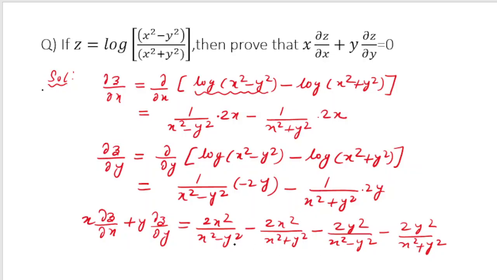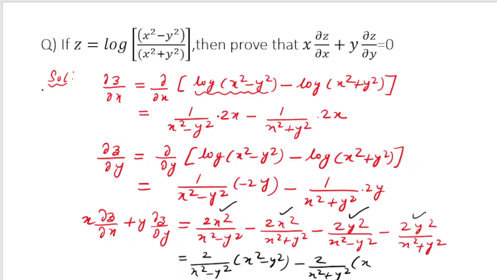You can see that we have the term here x square minus y square, and we have the term here x square minus y square. So from this I can take 2 by x square minus y square common. So in the bracket I will be left with x square minus y square, and from the other terms I can take minus 2 by x square plus y square common.